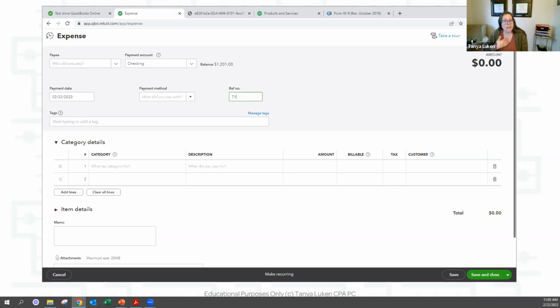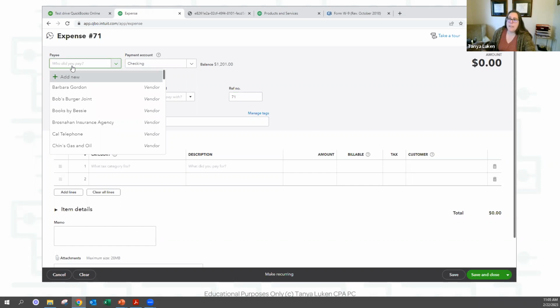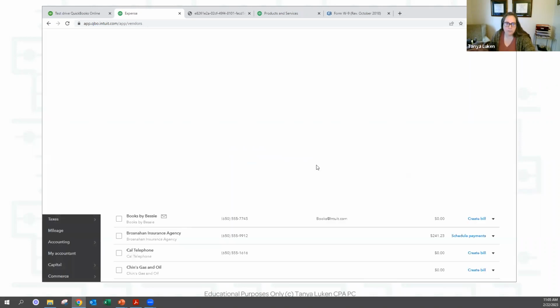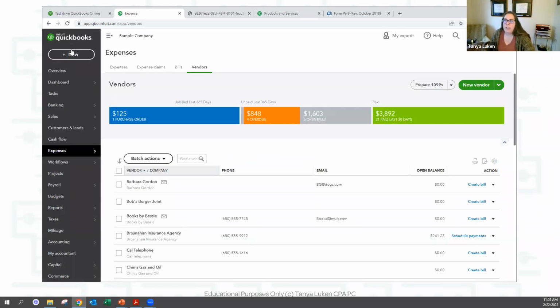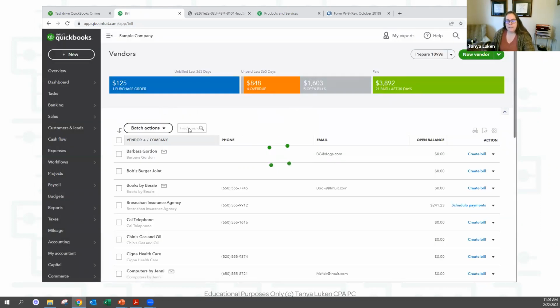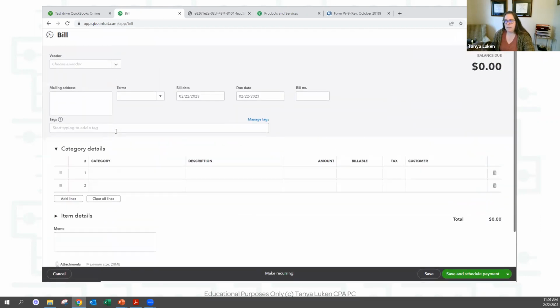So in my mind, just use the expense and then pick what you're buying. You would use an expense if you've already paid for it at the same time that you want to record it. You use a bill if you owe the money to someone but aren't going to pay that right now.